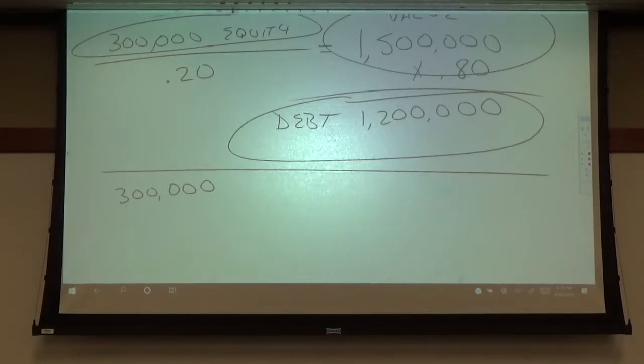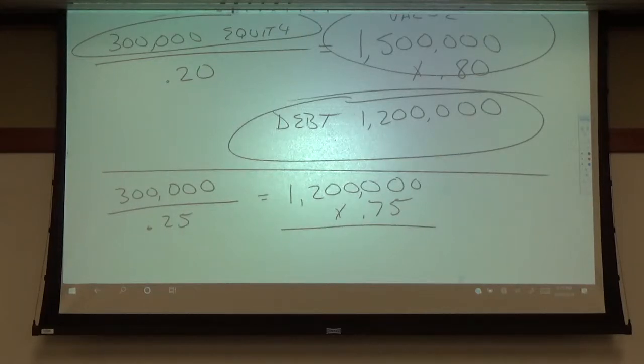In this case, take 300,000 and now divide by 25%. 1.2 million. And that would also mean that you could borrow 75%, right?